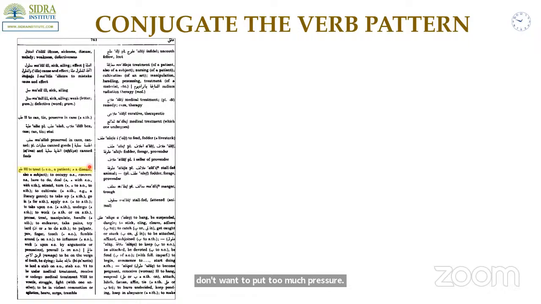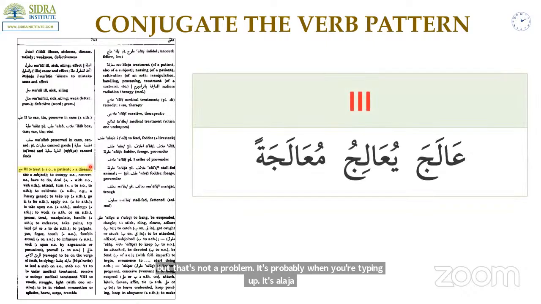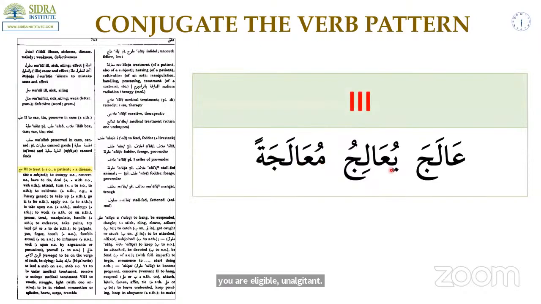MashaAllah, you've got it, but a bit of a spelling mistake, but that's not a problem. It's probably when you're typing. It's alaja yu'aliju mu'alajatan. Very good. So number three, Ain Lam Jim is alaja yu'aliju mu'alajatan.